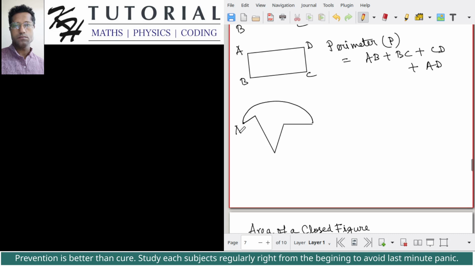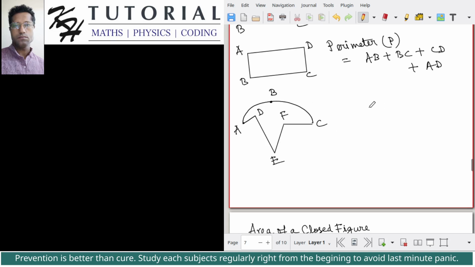So let's take a point B on this curved line. ABC is a curved line, and let's say this is D, this is E, and this is F. So this figure is formed by 4 line segments, that is AD, DE, EF, and FC, and one curved line, that is ABC.